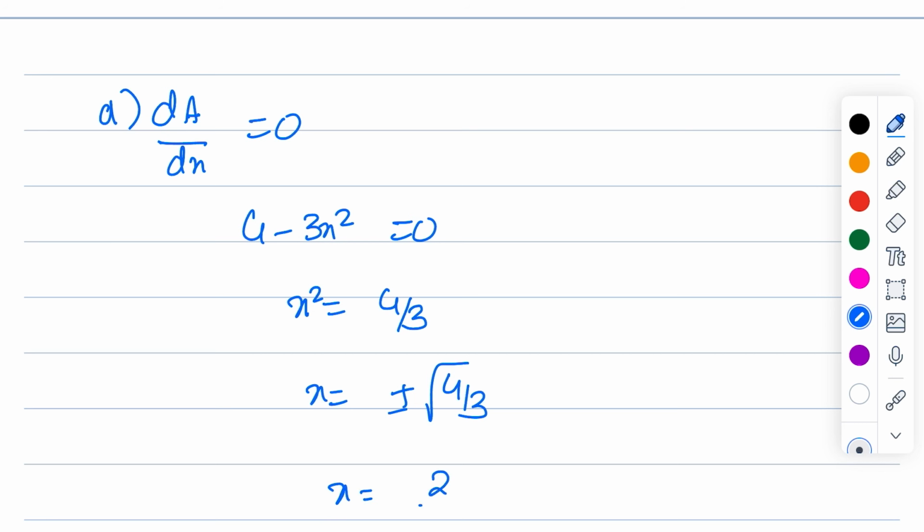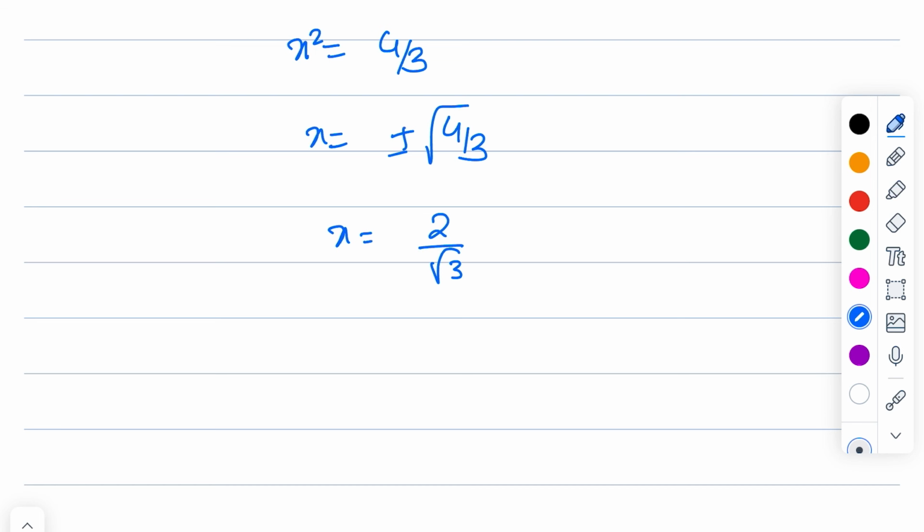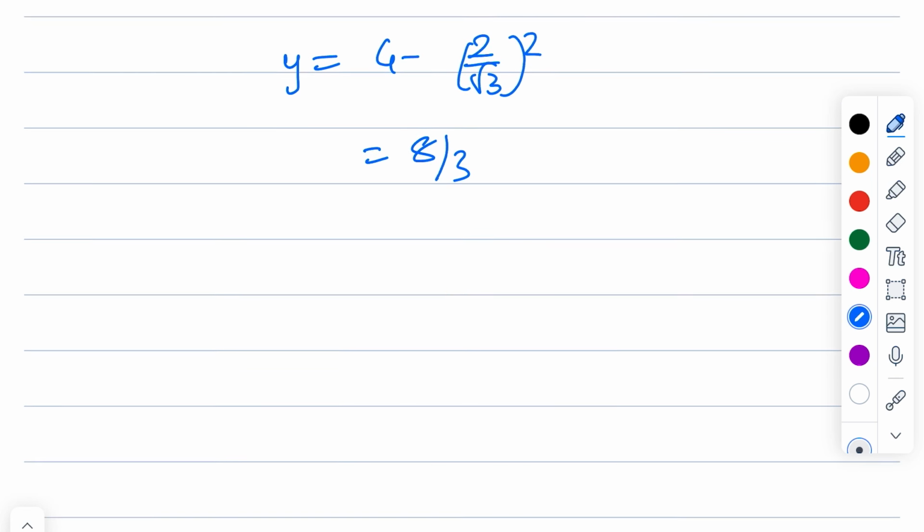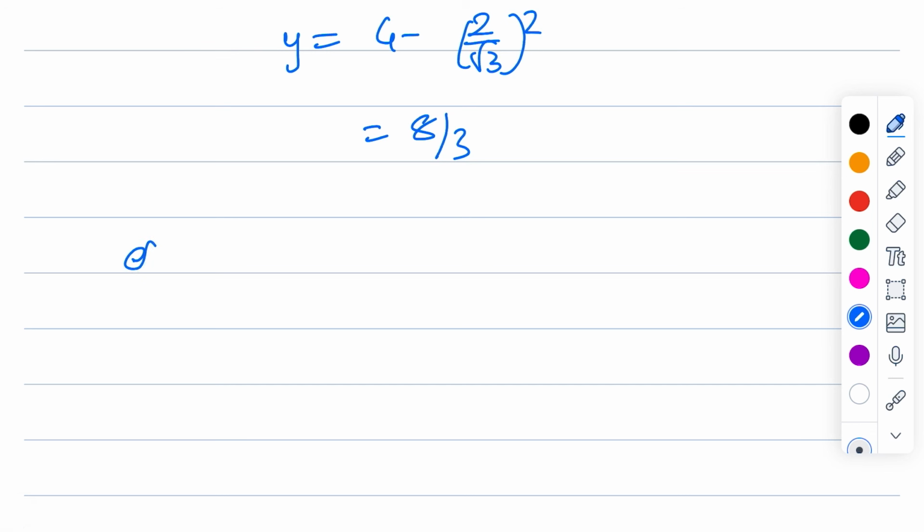I take only plus because x cannot be negative. So the y value will be 4 minus 2 upon square root 3 whole square, which is 8 upon 3. Hence find the maximum area. Maximum area will be equal to 16 upon 3 root 3, or 16 root 3 upon 9.